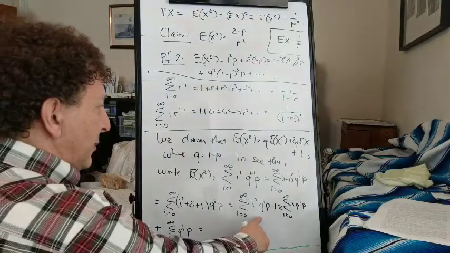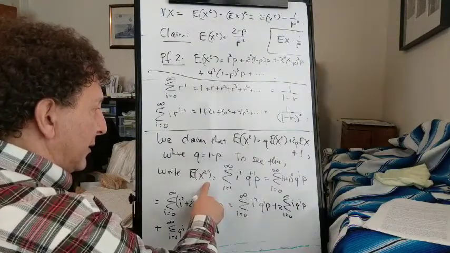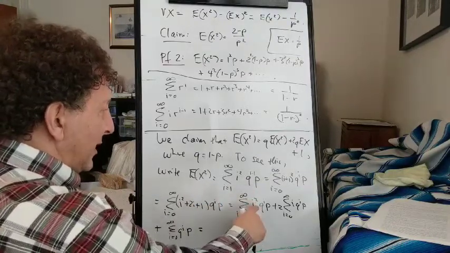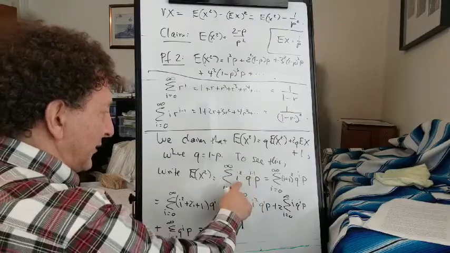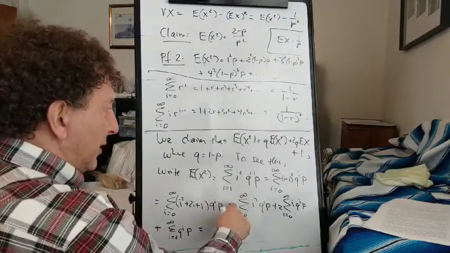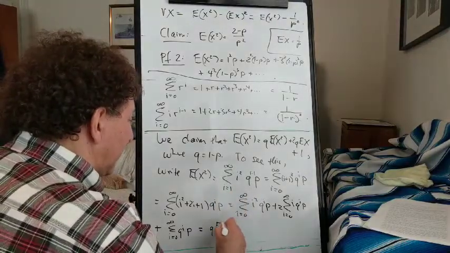So the first term actually looks a lot like expected value of x squared. It's got an extra q in it though. We would want a q to the i minus 1 next to the i squared rather than a q to the i. So if we pull a q out, then that is q times expected value of x squared.